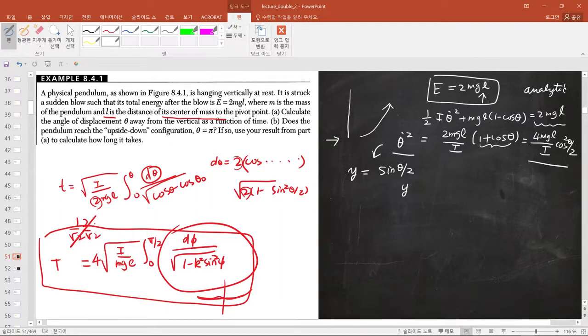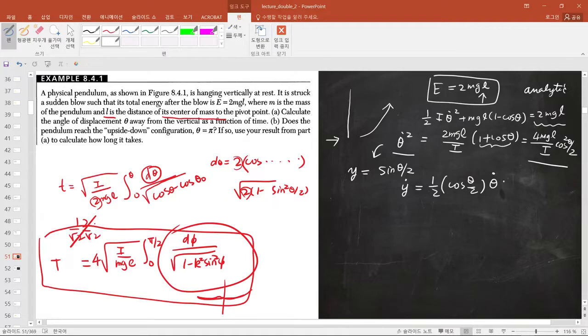So y dot is equal to 1/2 cosine theta over 2 times theta dot. Because if you differentiate y, you have one factor 1/2, and then this becomes cosine theta over 2, and that cancels one of the cosine theta over 2.